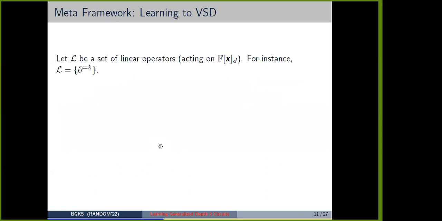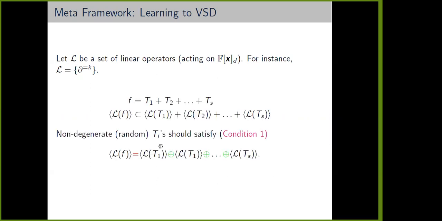So let's see how we can do that. To do that, we need some linear operators that act on your polynomial ring up to some degree D. So for instance, we look at the kth order partial derivative operators. Now if you apply this set of operators L on your polynomial f, which is the summation of Ti's, you get the following relation: L of f, this vector space, is contained in a sum of these vector spaces.